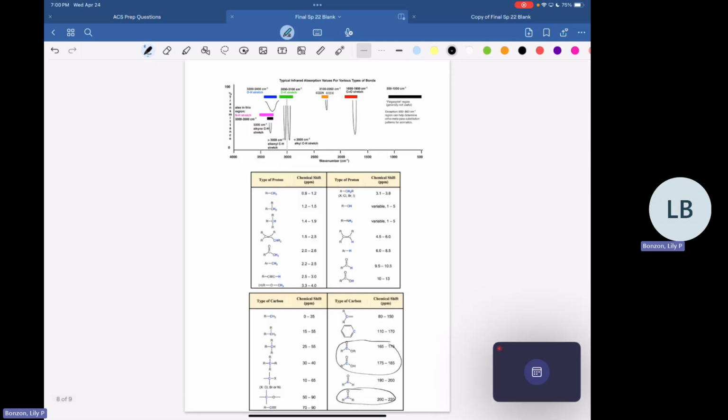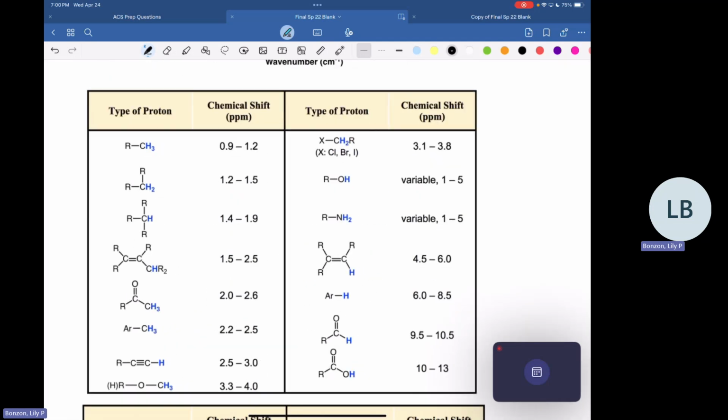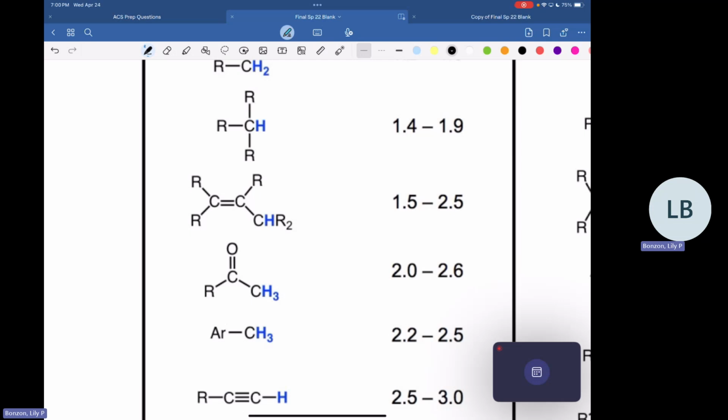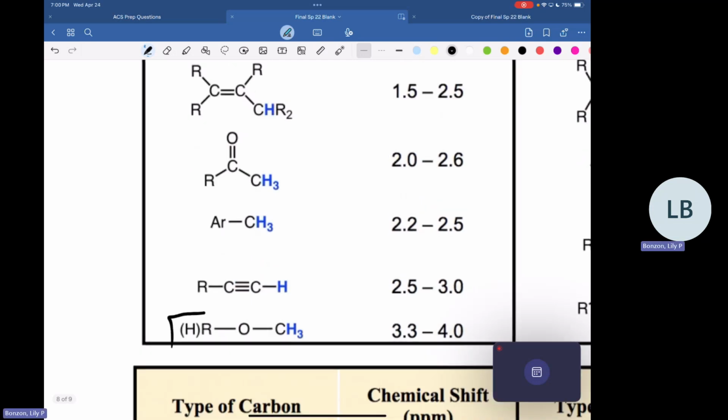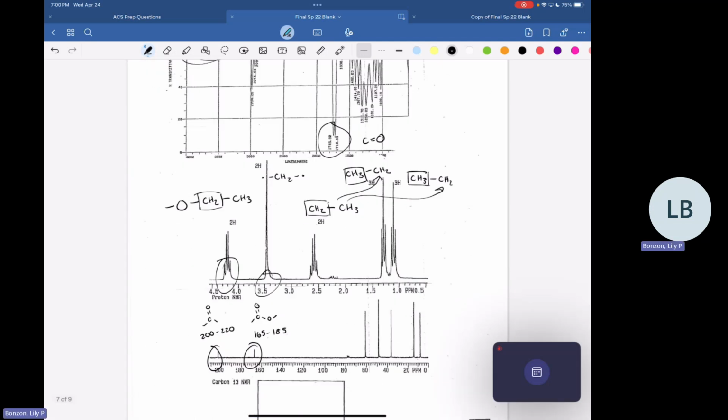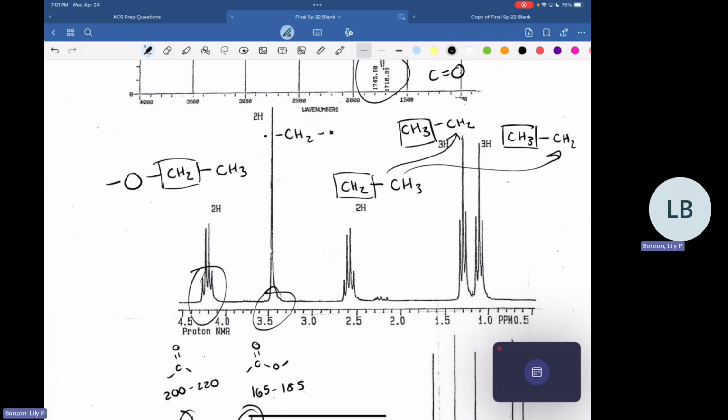And you can also use the table that you get to kind of confirm this. So if you see down here at the very bottom, we have our alkyl group connected to an oxygen, and that's at about 3.3 to 4. And so if we look at this one, it's even a little bit further downfield, but we do have a couple peaks that are down here. So it will be attached to something pretty electronegative.